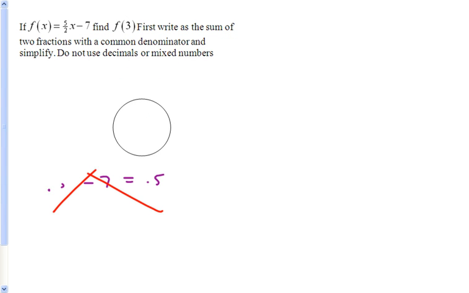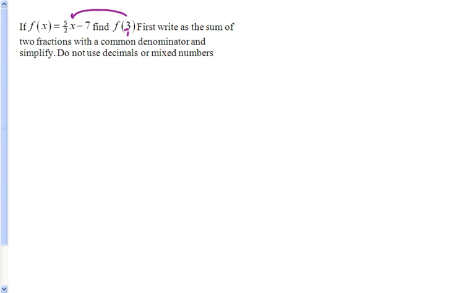Let's do it one more time. I'm going to plug in a 3 over 1, and that becomes 15 over 2 minus 7. Now to find a common denominator of 2, I have to say times 2 times 2, which is 15 over 2 minus 14 over 2 is 1 over 2.